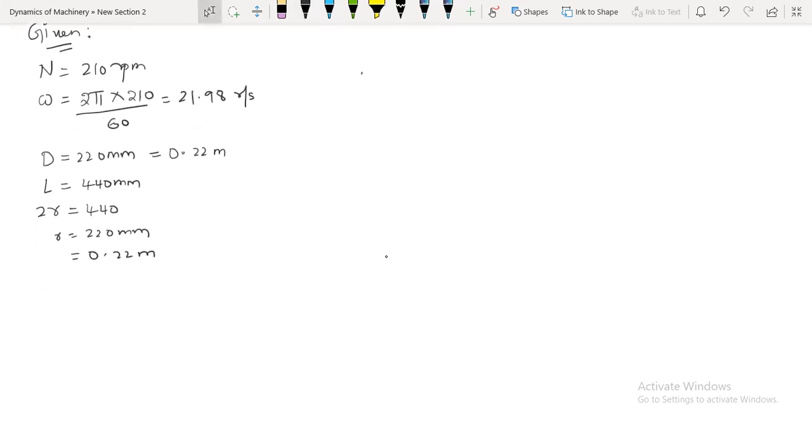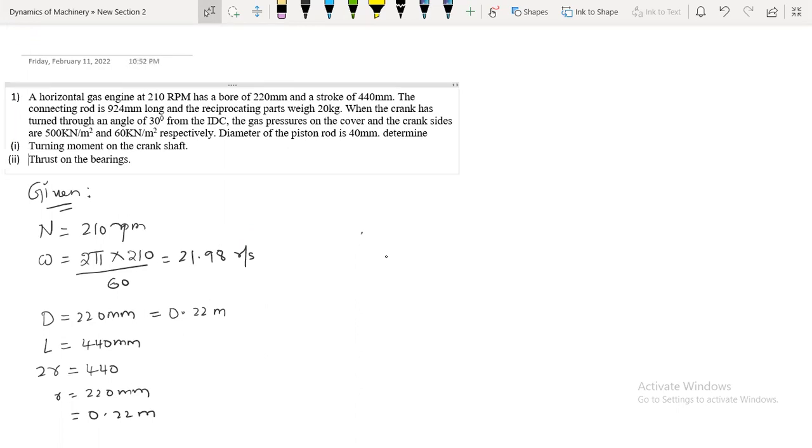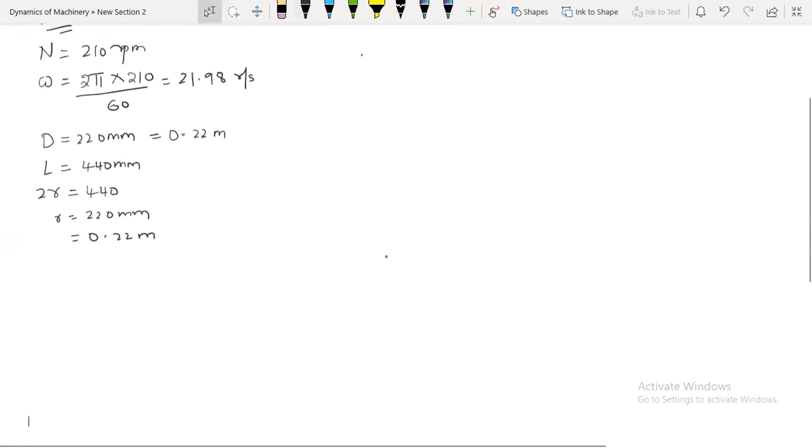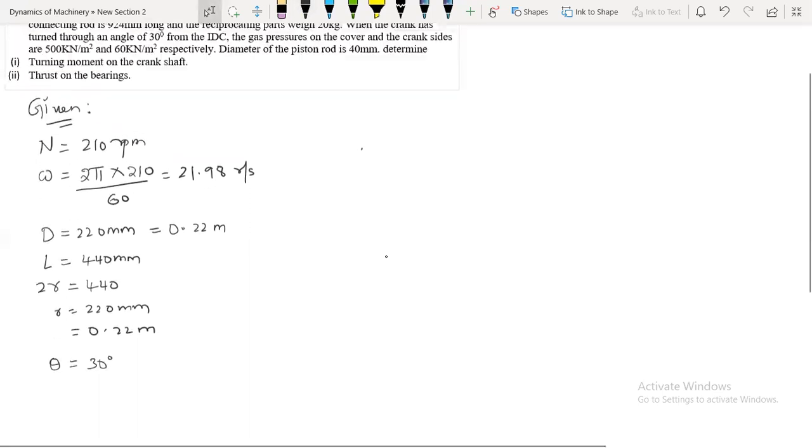Then after that, when the crank has turned through an angle of 30 degrees from the inner dead center, he has given theta is equals to 30 degrees, that is a crank angle.